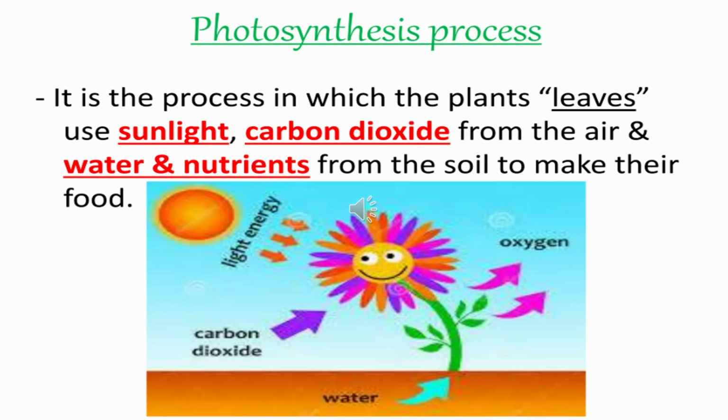Photosynthesis is a process in which the plants, the leaves, use the sunlight, the carbon dioxide from the air, the water and the nutrients from the soil to make their food using the light energy, which is the sun. So without sun, they cannot do the photosynthesis process.